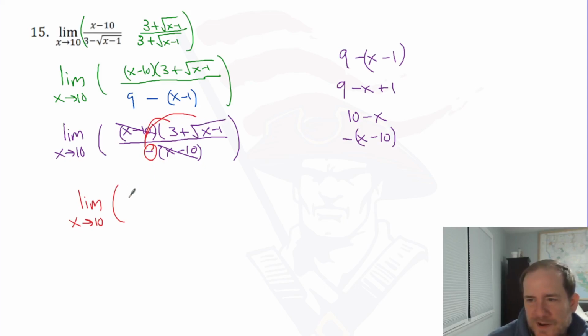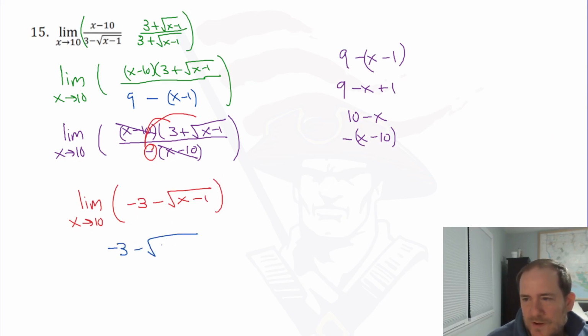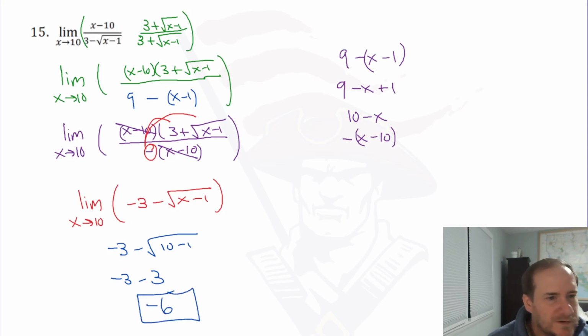So let's distribute the negative in, call it negative 3 minus root x minus 1. But that should be pretty evaluatable. So plugging in 10 would give negative 3 minus root 10 minus 1. So that's negative 3 minus, well that's 9. Square root of 9 is 3. So final answer, negative 6.